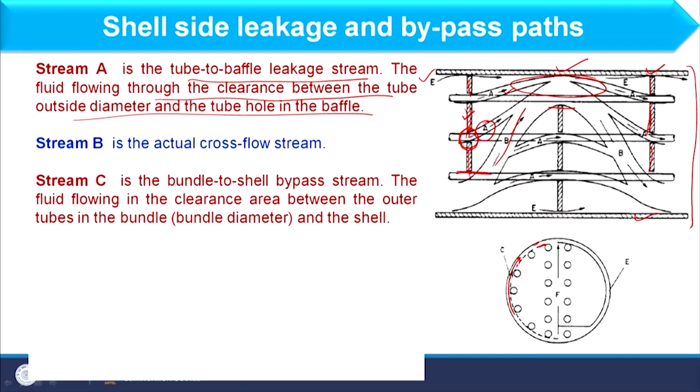So, as this gap increases, what will happen over there? Liquid remains there stagnant. Liquid will be available there and it will not move, fine. So, that zone basically works as a dead zone, where whatever stream is available is not participating in heat transfer.